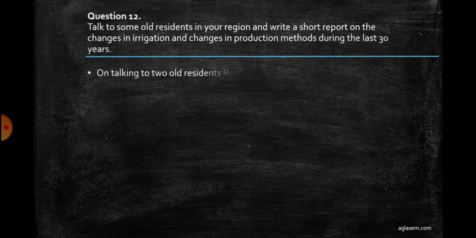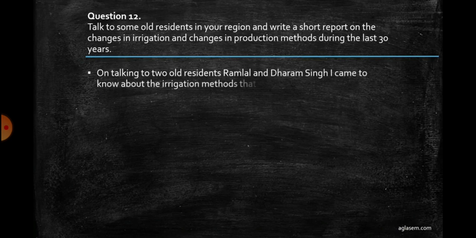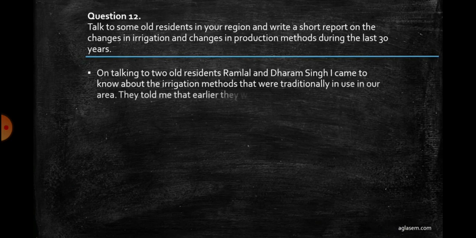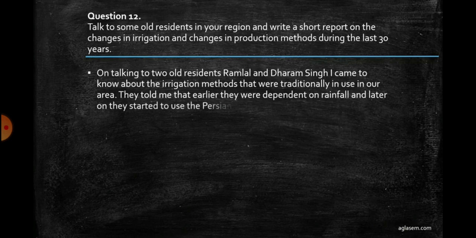On talking to two old residents, Ramlal and Dharam Singh, I came to know about the irrigation methods that were traditionally in use in our area. They told me that earlier they were dependent on rainfall and later on they started to use the Persian wheel to draw water from the well.